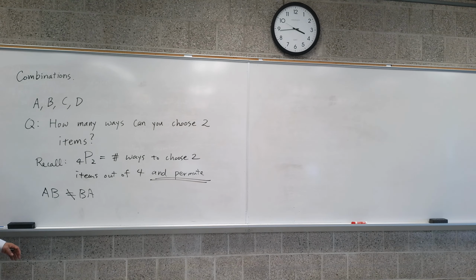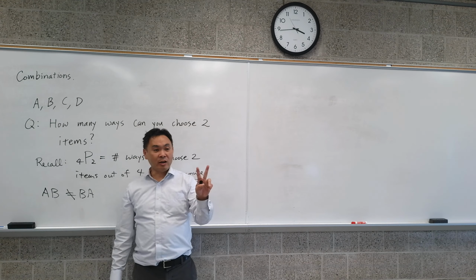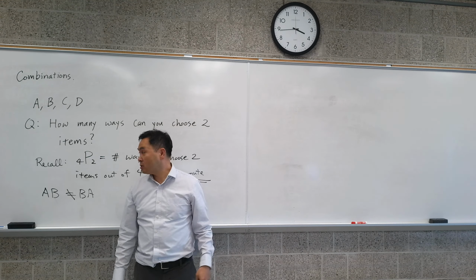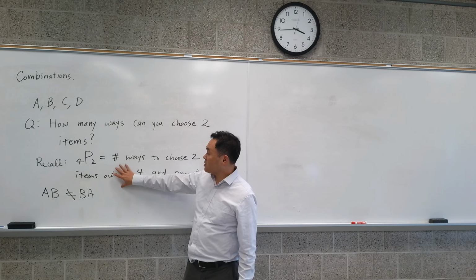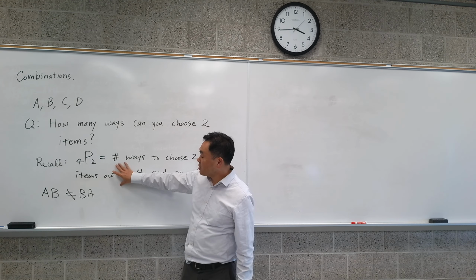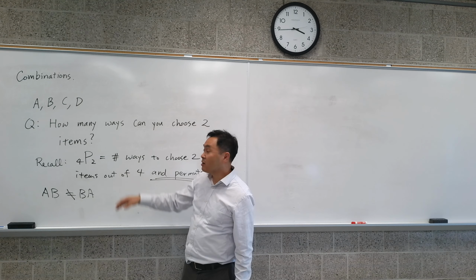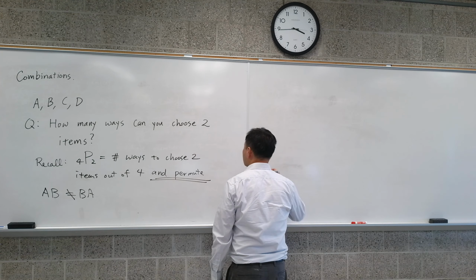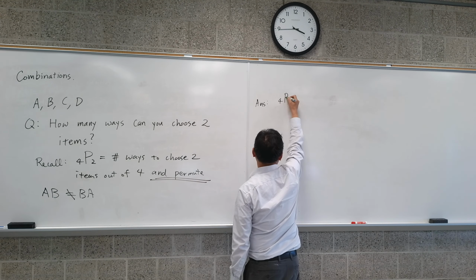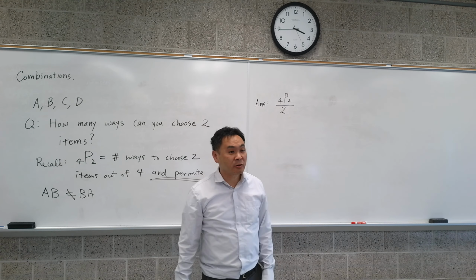And because if you choose 2 items, there's always A, B, or B, A. Like there are 2 ways to flip any choice of 2. Things that are counted here, when you throw away the ordering, becomes a single thing over here. Okay? So the answer would be, you just do 4P2 like before, but we divide it by 2 because we are ignoring the ordering.